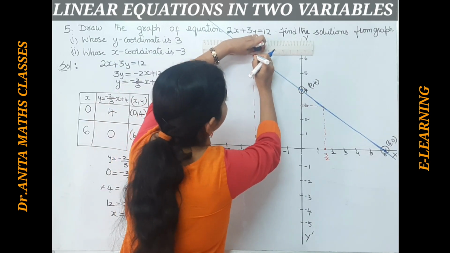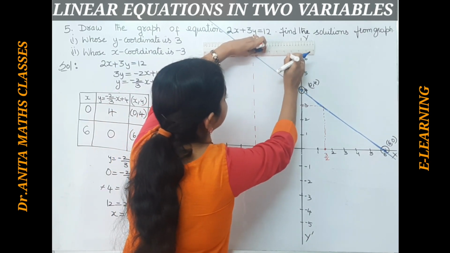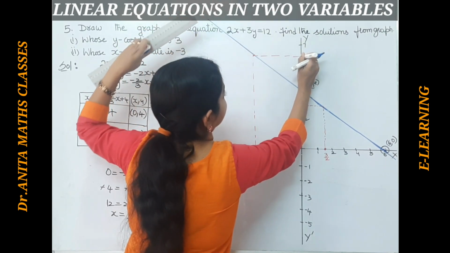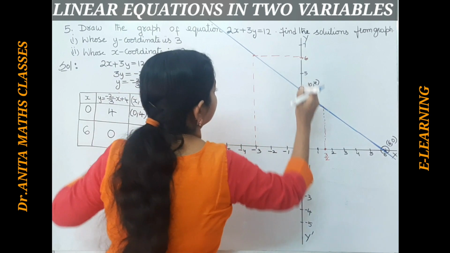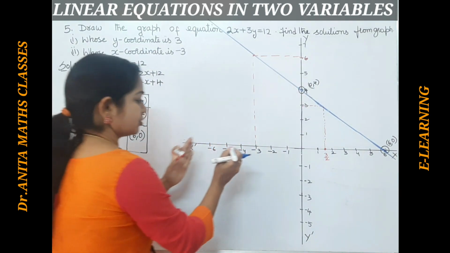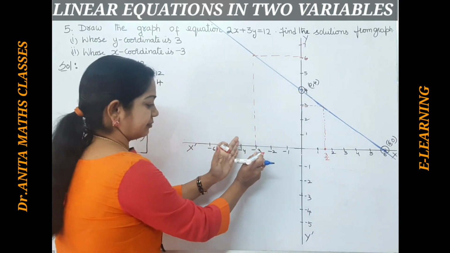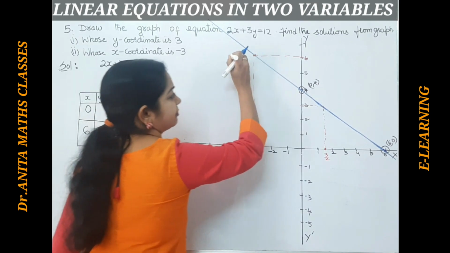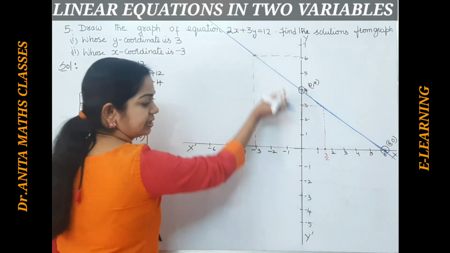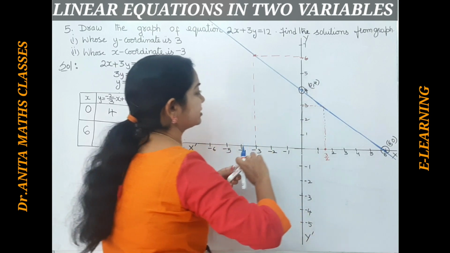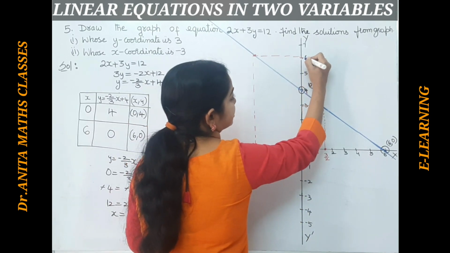From that point, if you draw again dotted lines, it will touch the y coordinate. Mine is not in the exact graph sheet, isn't it? So from x -3, draw a dotted line so that it will touch the graph at some point. From there, if you draw a line parallel to the x-axis, it will touch the y-axis at some point. This point is 6.